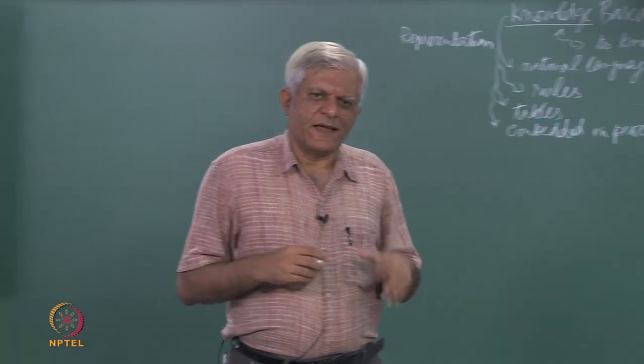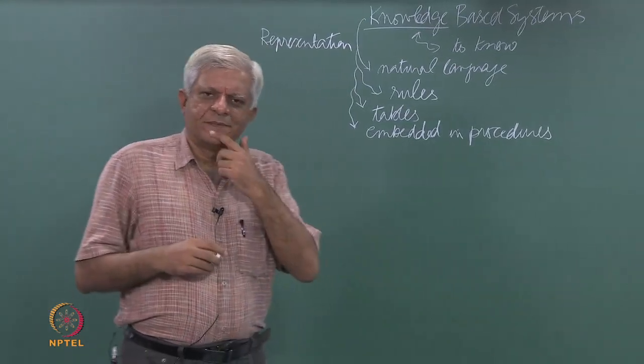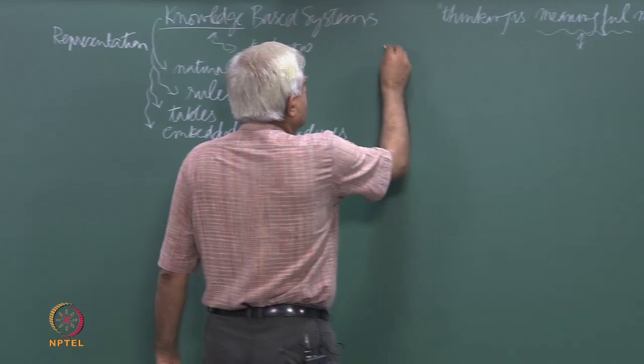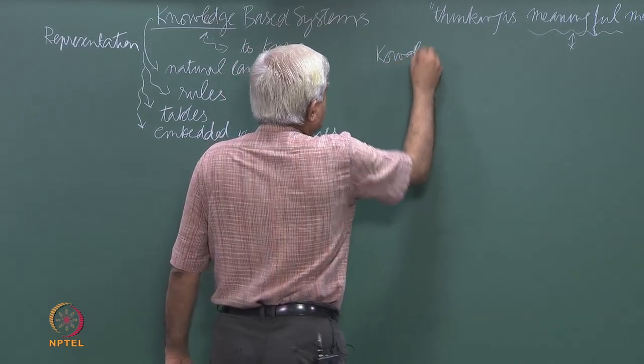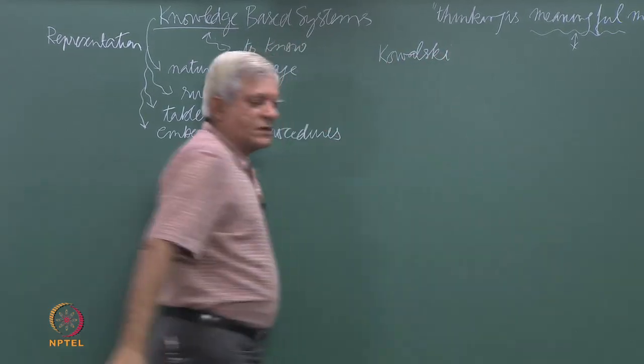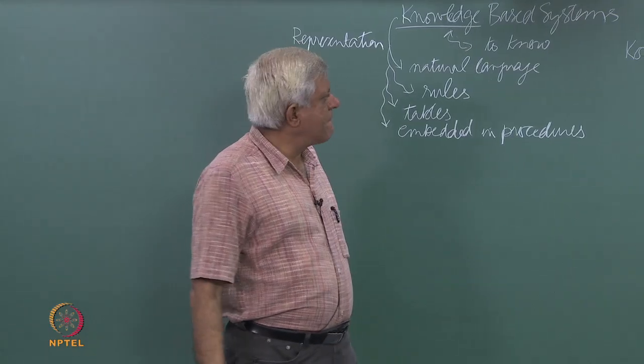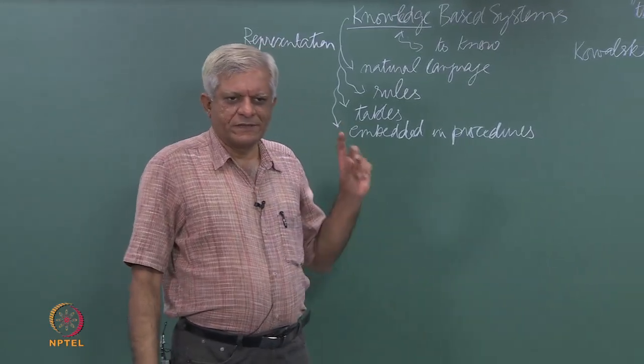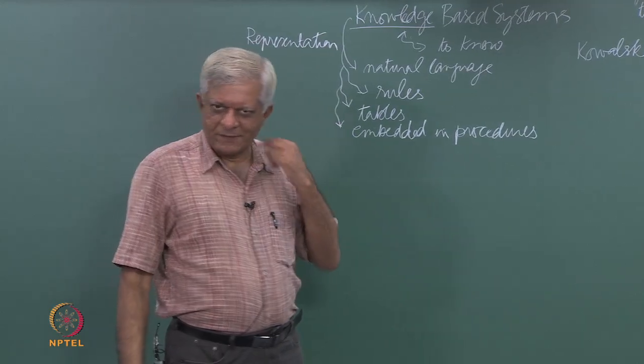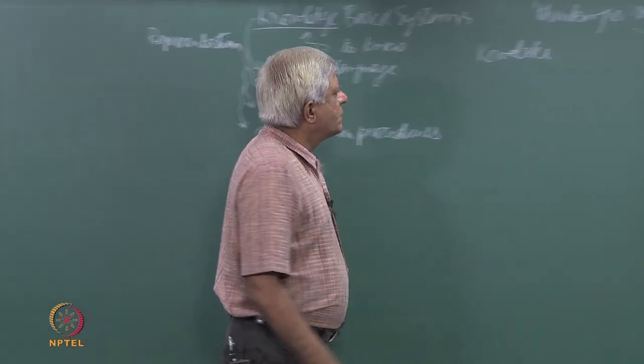essentially, and I do not know whether we had discussed this sometime, but the view that was propounded by Robert Kowalski. He used to teach at Imperial College London. In the 1970s, he was one of the inventors of the programming language Prolog, or the idea of logic programming.